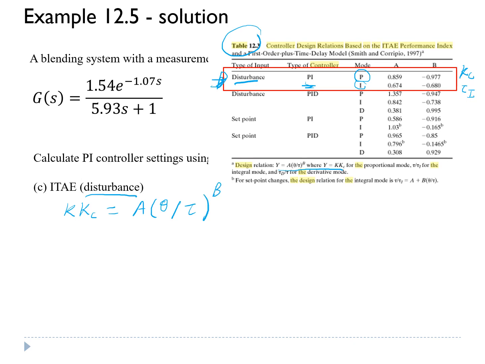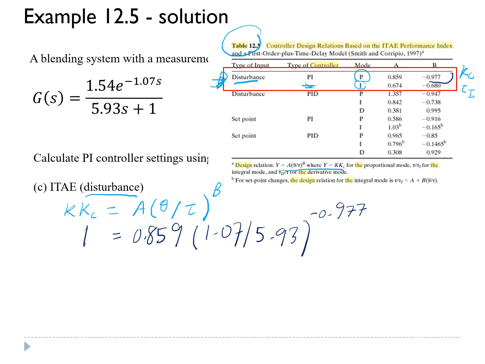So substituting the numerical value, we know that A equal to 0.859 times time delay 1.07 divided by tau 5.93 to the power of B, which is negative 0.977.